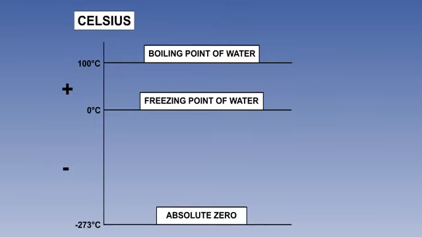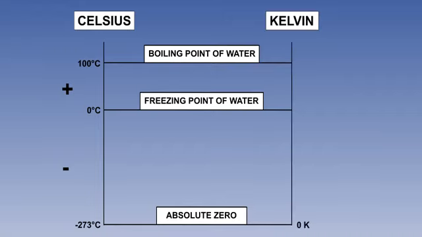This occurs at minus 273 degrees Celsius on the Celsius scale. So, minus 273 degrees Celsius is 0 degrees A or 0 K on the Kelvin scale. 1 Kelvin, or 1 degree absolute, is the same amount of temperature change as 1 degree Celsius. Therefore, the freezing point of water occurs at 273 K, the boiling point of water at 373 K, and so on.